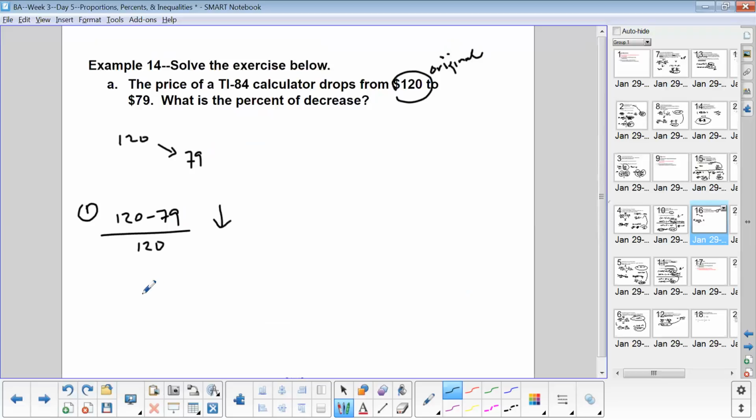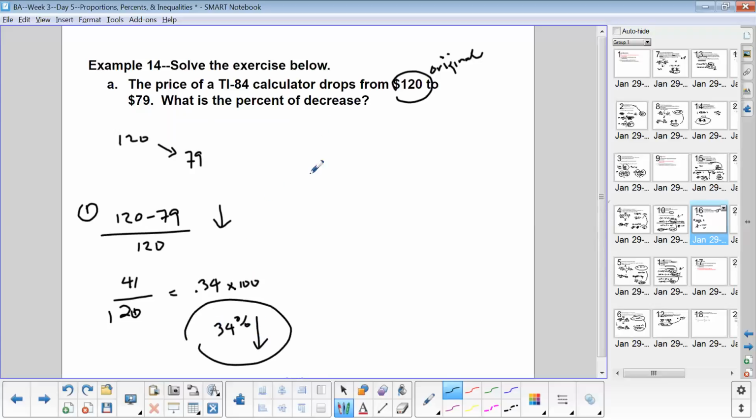So 120 minus 79, and you get $41 divided by 120. And you're going to get 34 hundredths. And if you multiply that by 100, you're going to get 34% decrease. So we've got a 34% decrease when it goes from $120 to $79.